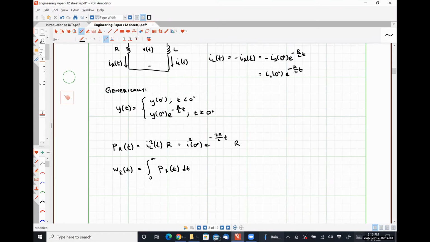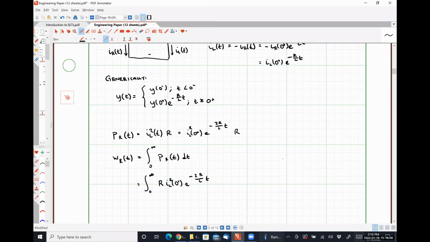So if we substitute in our mathematical relationship here, we're going to have the integral from 0 to infinity of R, which is a constant value, times IL at 0 plus quantity squared, which is a constant value, times e to the negative 2R divided by L multiplied by time.